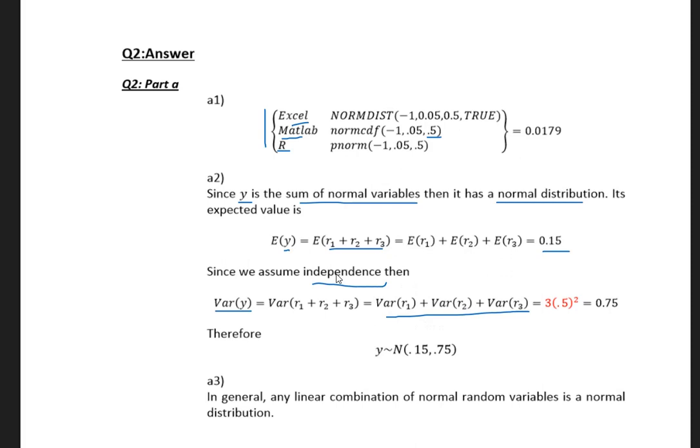All the covariance terms will be 0, which is a result of the independence that is given in the question statement. So at the end of the day, we find the variance and expected value of this constructed new variable, which is called Y, and it has a normal distribution with mean 15% and variance of 75%.